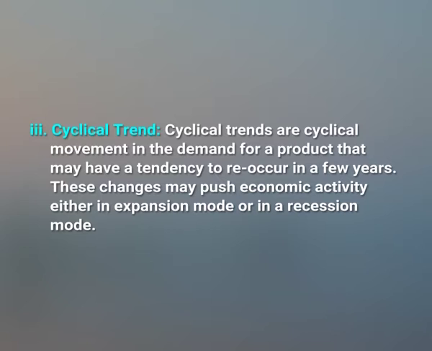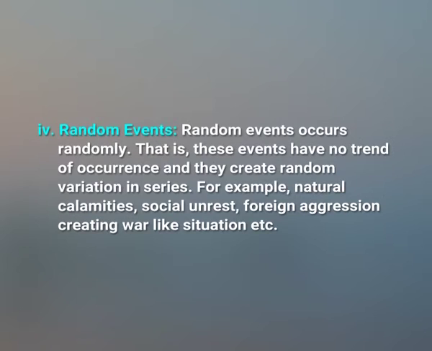These changes may push economic activity either in expansion mode or in a recession mode. The fourth one is random events. Random events occur randomly. That is, these events have no trend of occurrence and they create random variation in series. For example, natural calamities, social unrest, foreign aggression, creating war-like situation and so on.